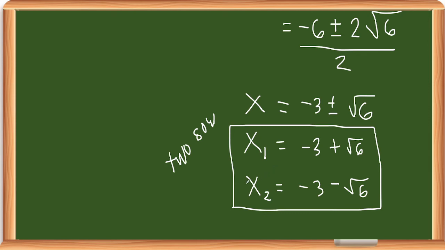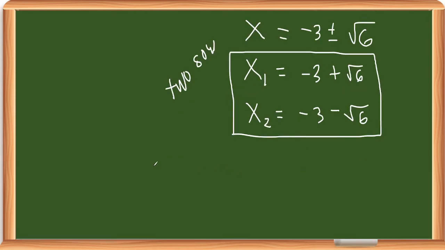Now, are they equal? Are the solutions equal? No. Are the solutions rational? No. No? So, this is irrational. Is it real? Yes. Because you can locate it on the number line.